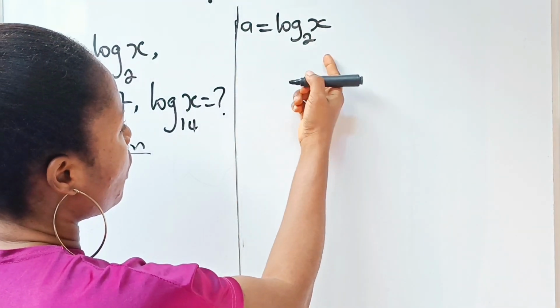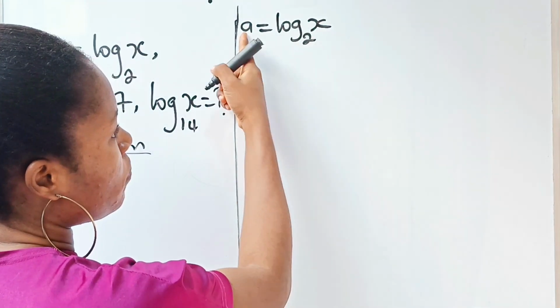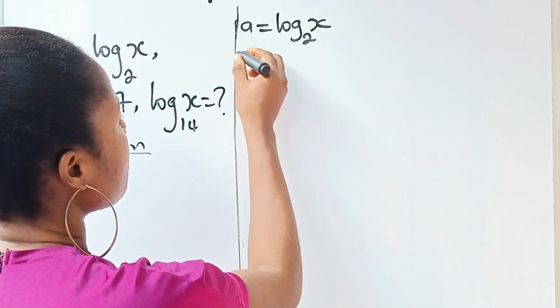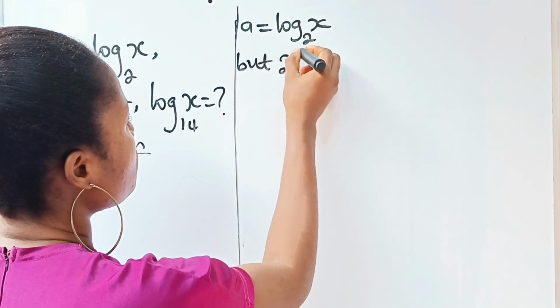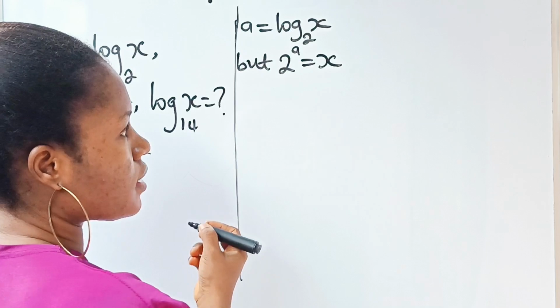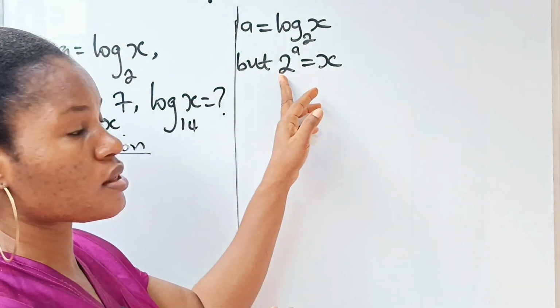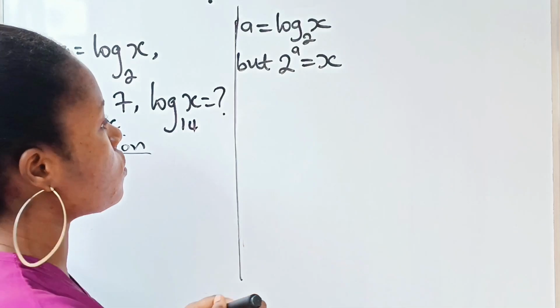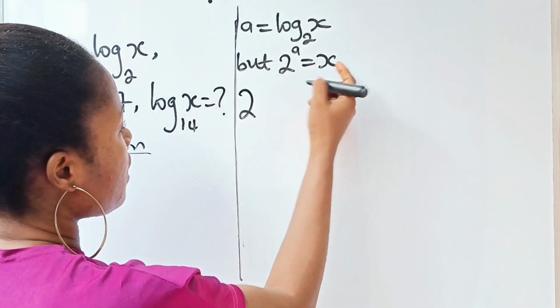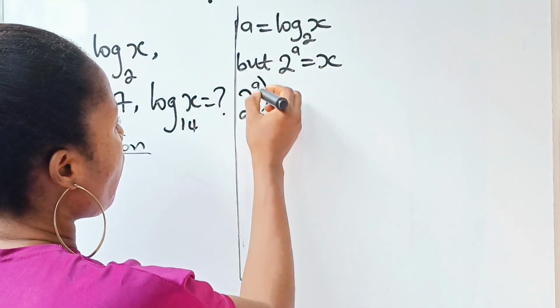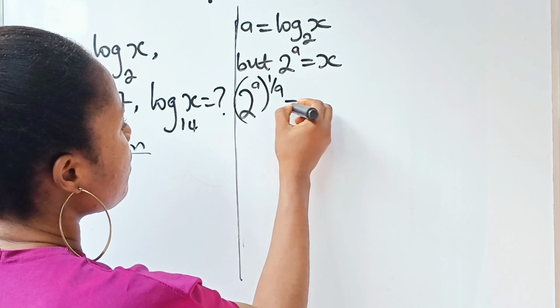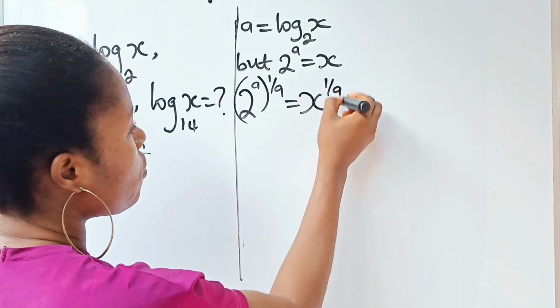Now recall that 2 to the power of a will give us x, but 2 to the power of a is equal to x. Now if we want to make 2 the subject of the formula, if you want to have only 2 here, we are going to raise each side of this equation to the power of 1 over a, which gives x raised to the power of 1 over a.